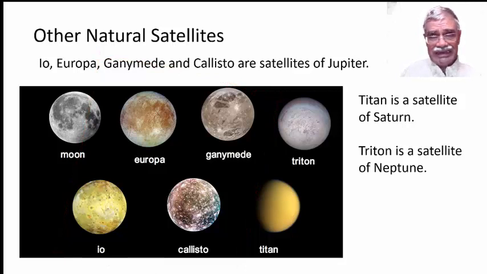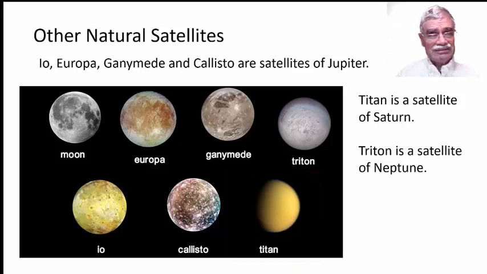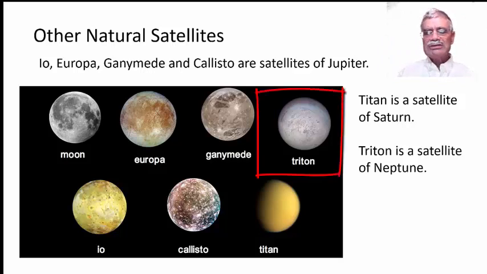Actually, Jupiter has close to 80 recognized moons or satellites. Titan is the largest natural satellite of Saturn. Saturn also has about 80 moons or natural satellites. They were harder to detect, and as you may know, because Saturn has, in addition, this set of rings around it. And Triton is the largest natural satellite of Neptune.